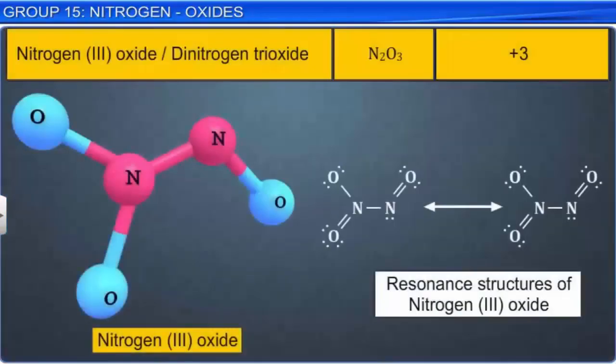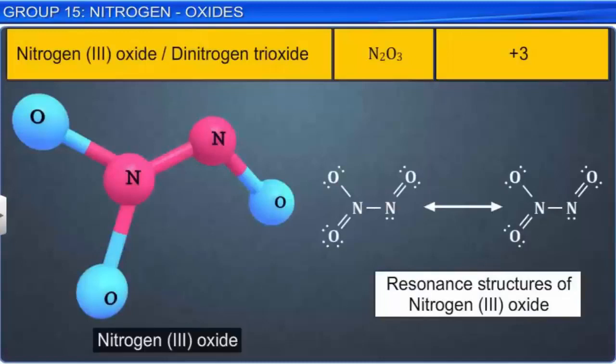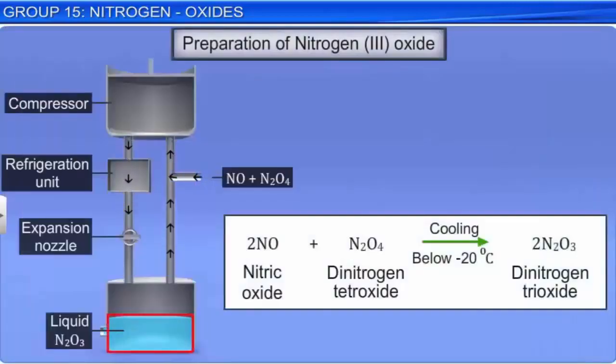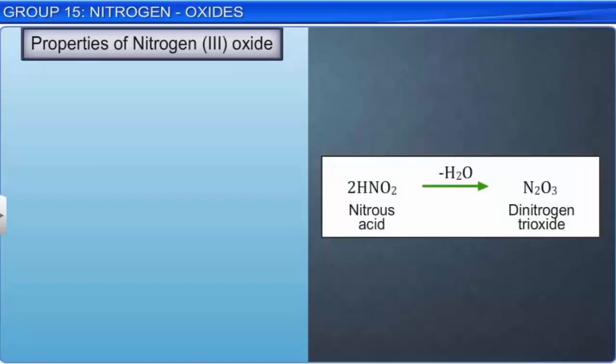Nitrogen 3 oxide, also referred to as dinitrogen trioxide or nitrogen sesquioxide, is obtained as a blue liquid when a mixture of nitric oxide and nitrogen dioxide or dinitrogen tetraoxide is cooled to below -20 degrees Celsius. You can see from the equation that dinitrogen trioxide is anhydride of nitrous acid.